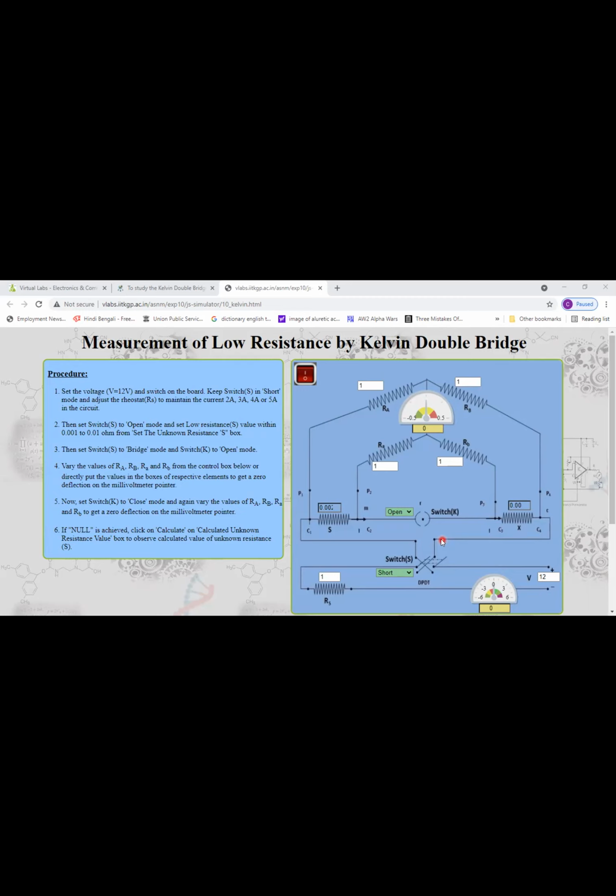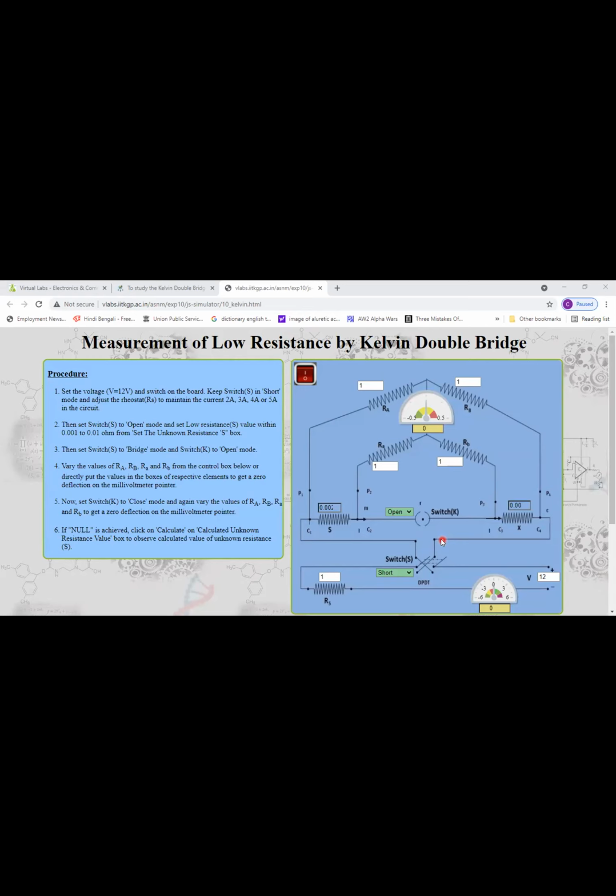In the Kelvin double bridge, the accuracy level is very high, and that's why till now it is used to measure very low resistance, generally in calibration laboratories, where high quality devices are calibrated.